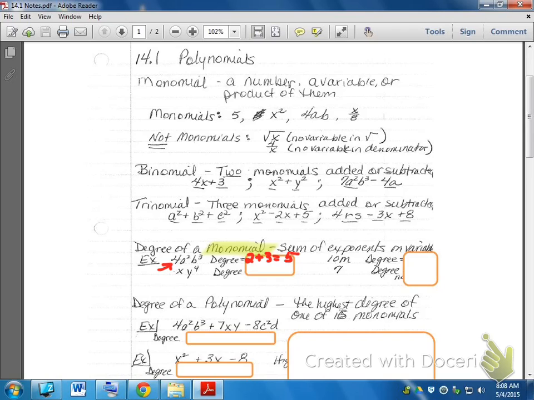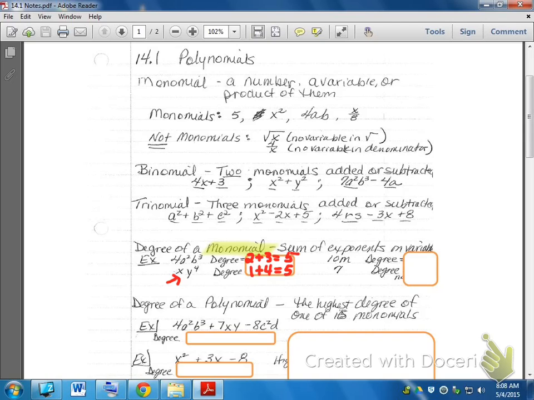Next, x y to the 4th. How many different letters do you see? 2, an x and a y. What's the exponent on the x? 1. What's the exponent on the y? 4. So the degree of that one is also 5.